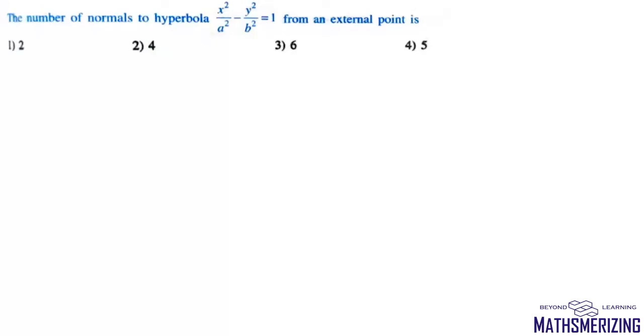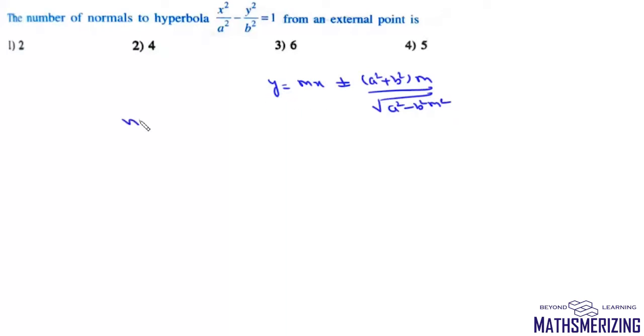Now here the question is, the number of normals to a hyperbola from an external point is? Now we know that the equation of the normal to a hyperbola is given by y equals mx plus minus (a square plus b square) m upon under root of a square minus b square m square.